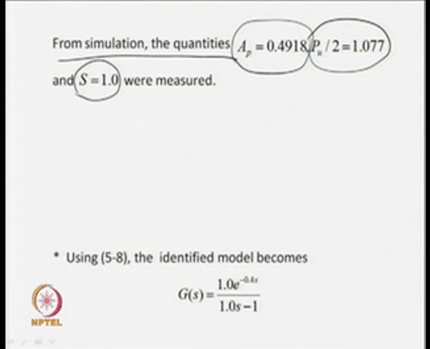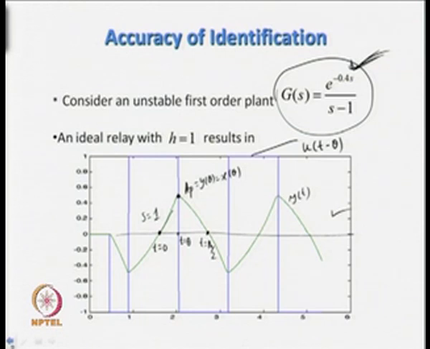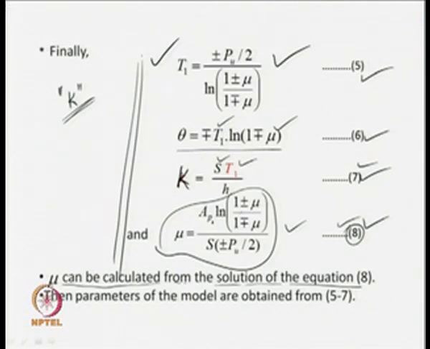Now, I shall make use of the expressions we had for estimation of the transfer function model for this system. Now, we know that mu is equal to Ap times ln of (1 minus mu) by (1 plus mu), divided by S, times minus Pu by 2. Why am I writing in this form? As I had mentioned earlier, for an unstable system we have to pick up the bottom sign. So, mu will be equal to Ap times ln of (1 minus mu) divided by (1 plus mu), upon S, times minus Pu by 2.